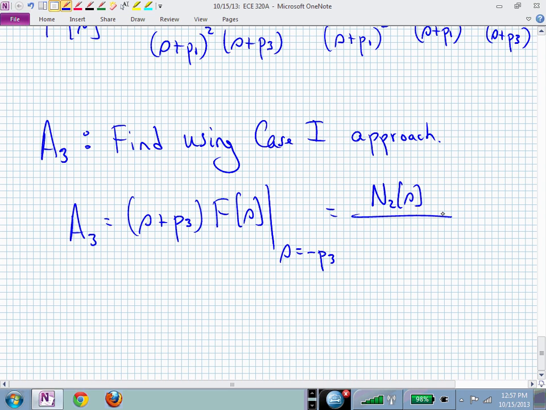Or, knowing how the denominator is factored, we now have S plus P1 squared, because we've canceled the S plus P sub 3 factor, and we evaluate it when S is equal to minus P sub 3.